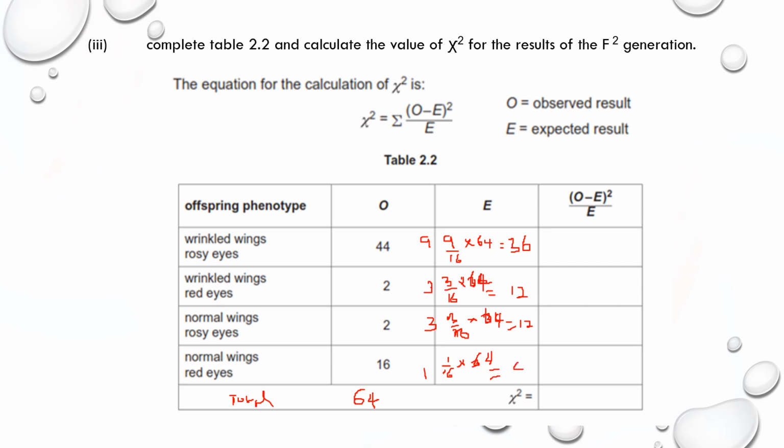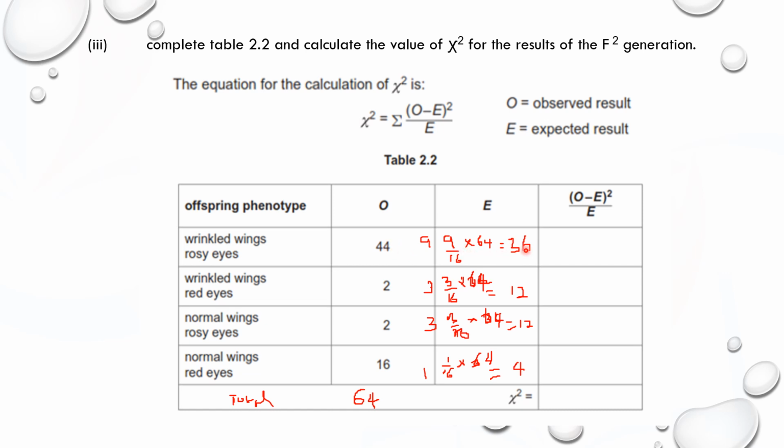So we are done with the first column, guys, but we have the second column to deal with. So this is this minus this: observed 44 minus 36, divided by 36. So pick up your calculator. Observed is 44, expected is 36.